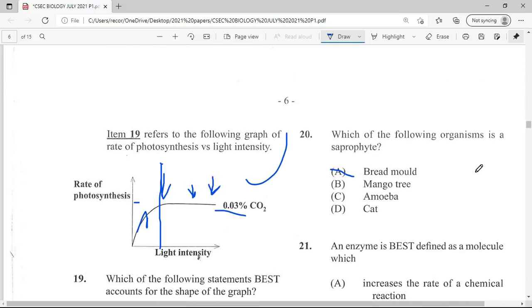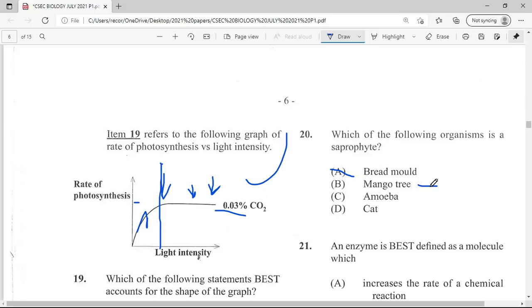Question number 20. Which of the following organisms is a saprophyte? We made mention of saprophytic relationships earlier. If we look at feeding, there are three different modes: autotrophic nutrition, heterotrophic, and saprophytic.